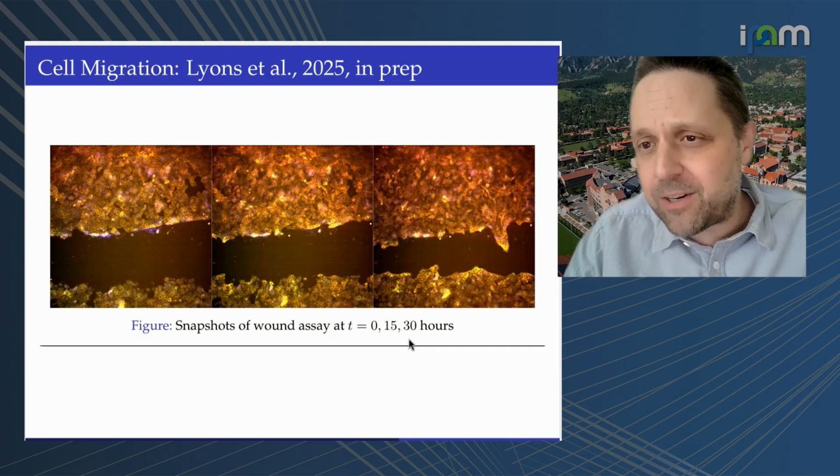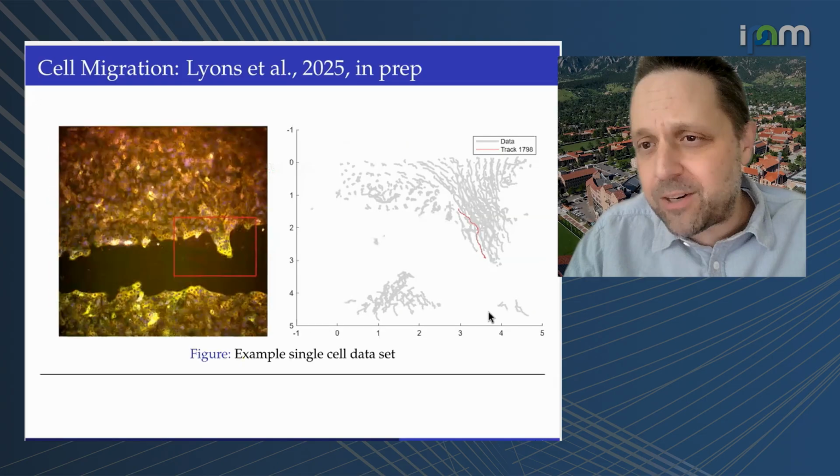The idea here is there's in principle a kinship with this kind of model where you're looking at individual cells and particles to see how they're moving. It turns out this second order interacting particle system model seems to work pretty well, assuming you have sufficient data. This is a snapshot of the wound at different time points, and you see this fingering happening as they move into the wound.